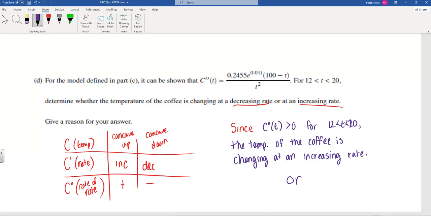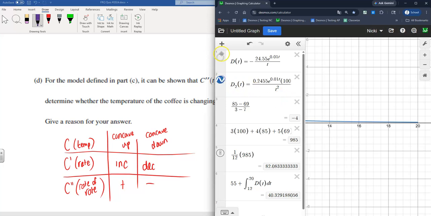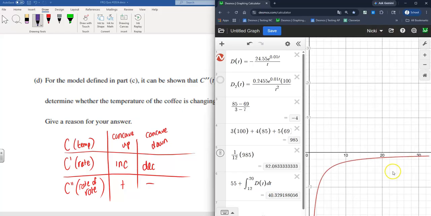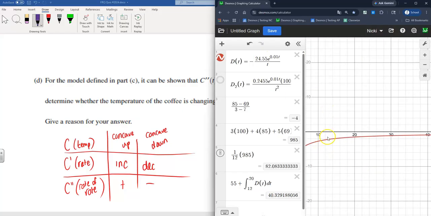Or, since they gave you C prime, your other option is to look at just C prime right here, and you can tell from 12 to 20 that C prime is increasing.